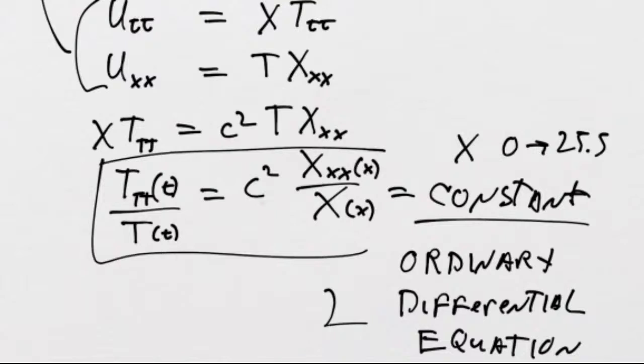Because I think what happens is this becomes a second order differential equation. The solution for that thing is something like, if we make it minus lambda squared, then it ends up being lambda, and then lambda gets fixed by the boundary conditions to be some fraction of an odd number.